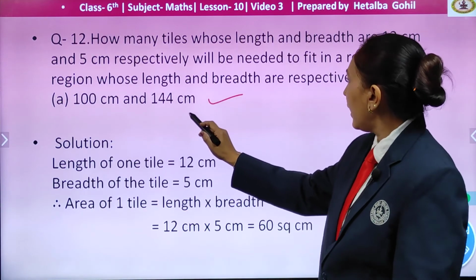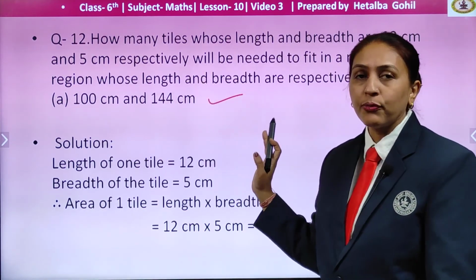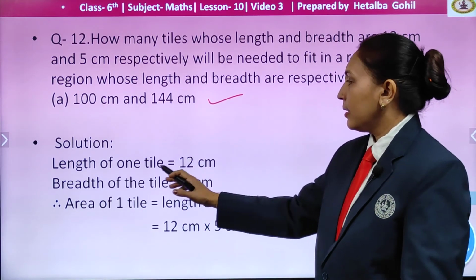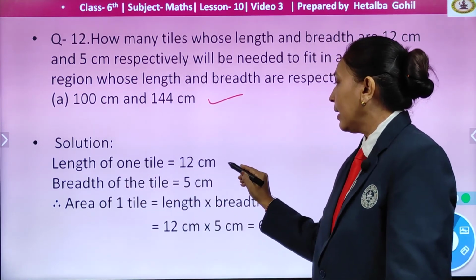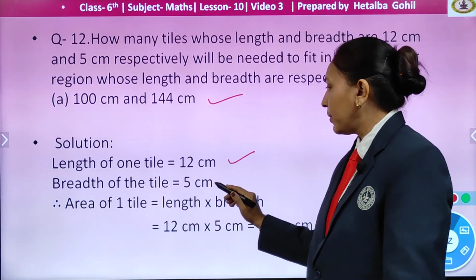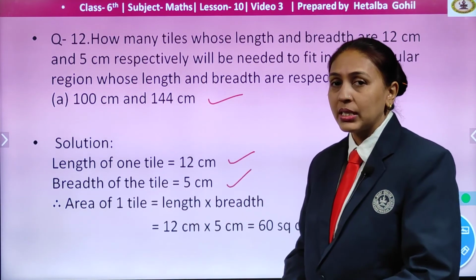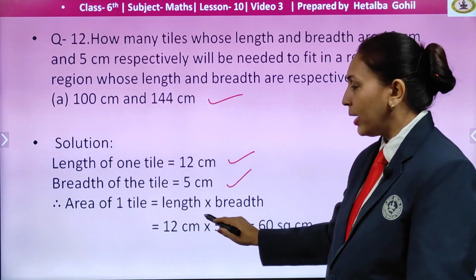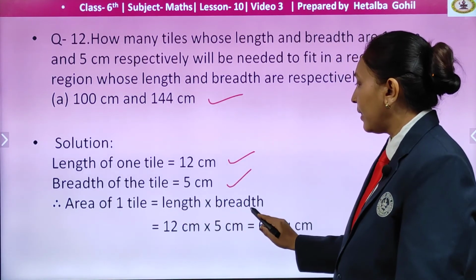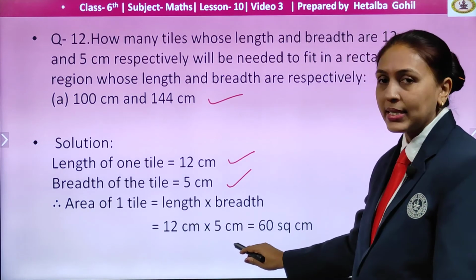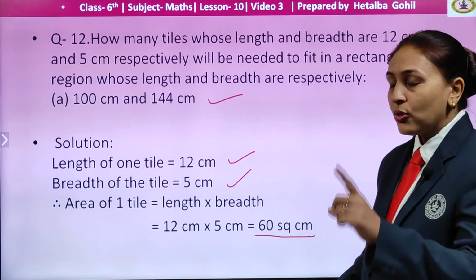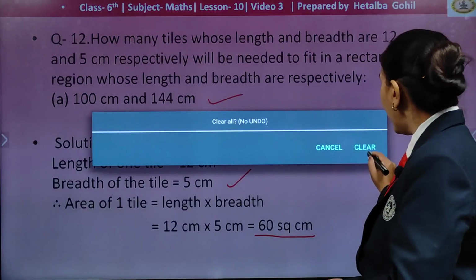First let us find the area of one tile. Length of one tile is 12 centimeter, breadth of the tile is 5 centimeter. So the area needed by one tile is length into breadth, that is 12 centimeter into 5 centimeter, we get 60 centimeter square. That is the area covered by one tile.